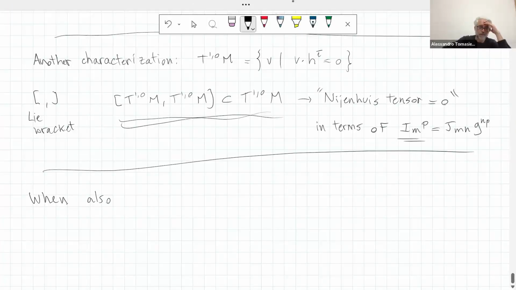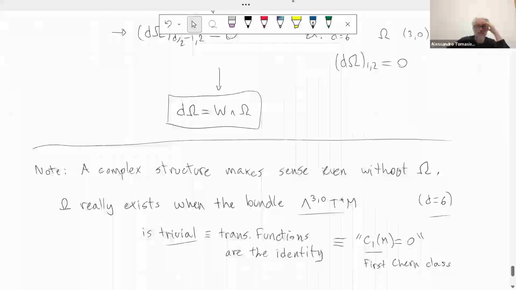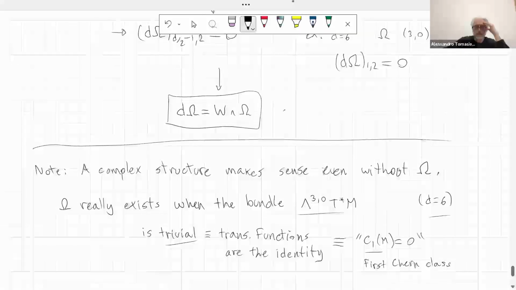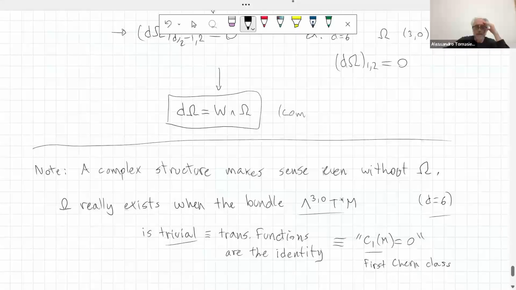that when we also have this condition, a second condition. So we had a condition on omega so far to call our space a complex manifold.